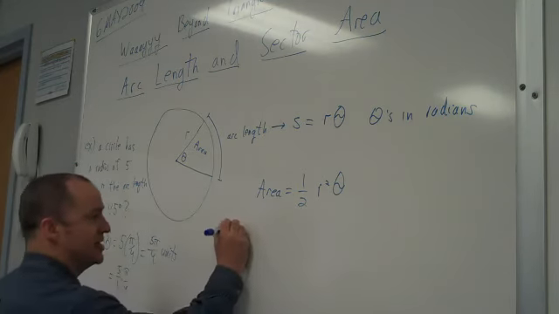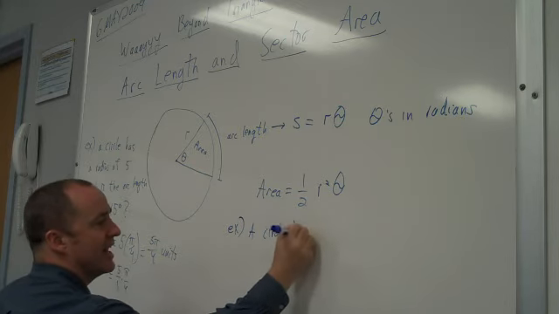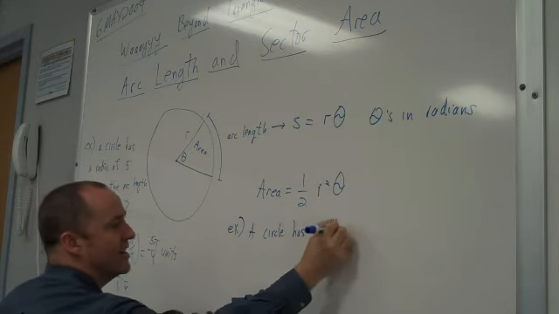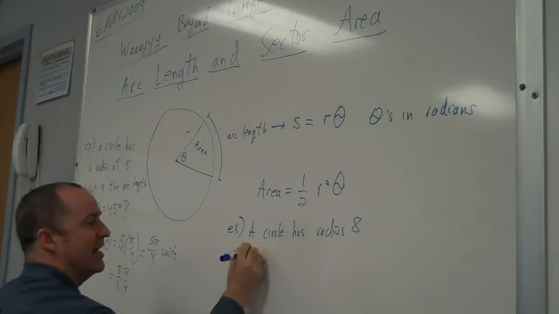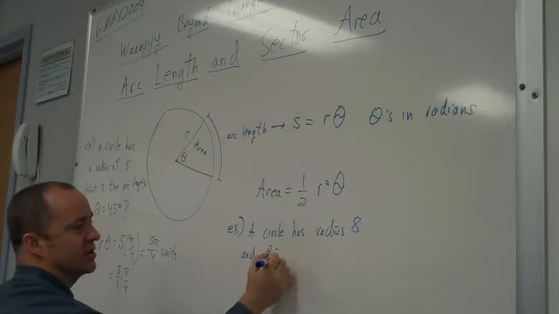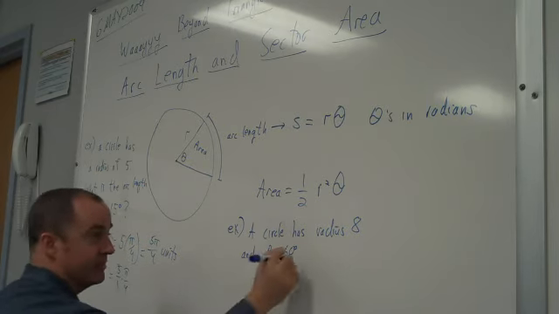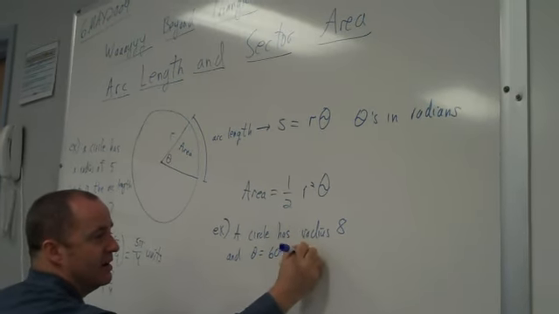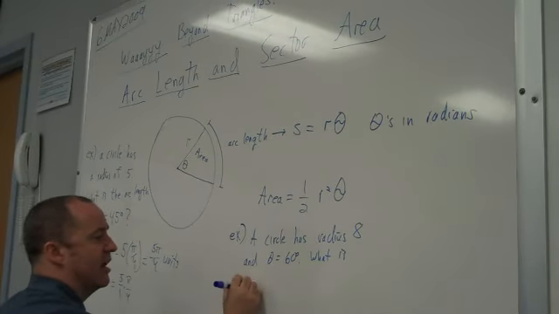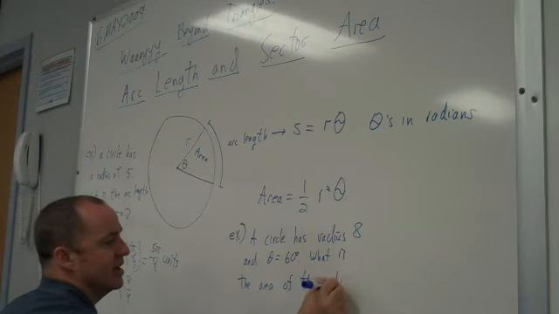Now, if we do an example, and I say a circle has radius 8 and theta equals 60 degrees, what is the area of the slice?